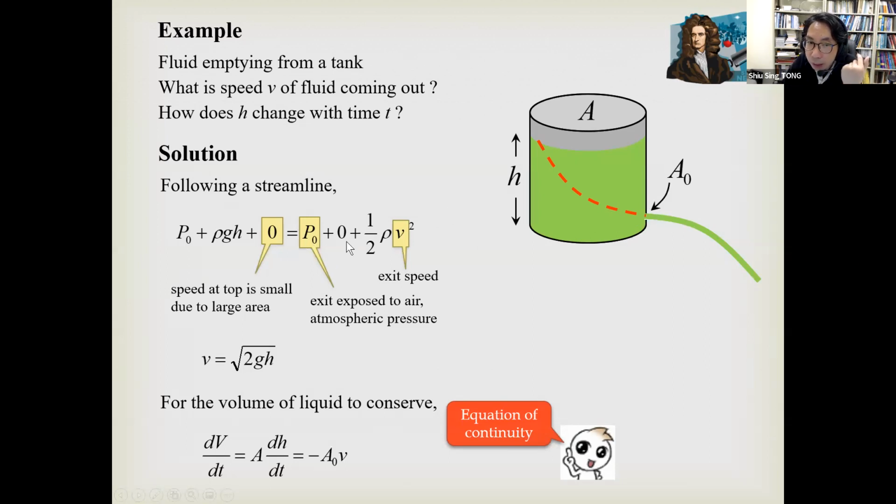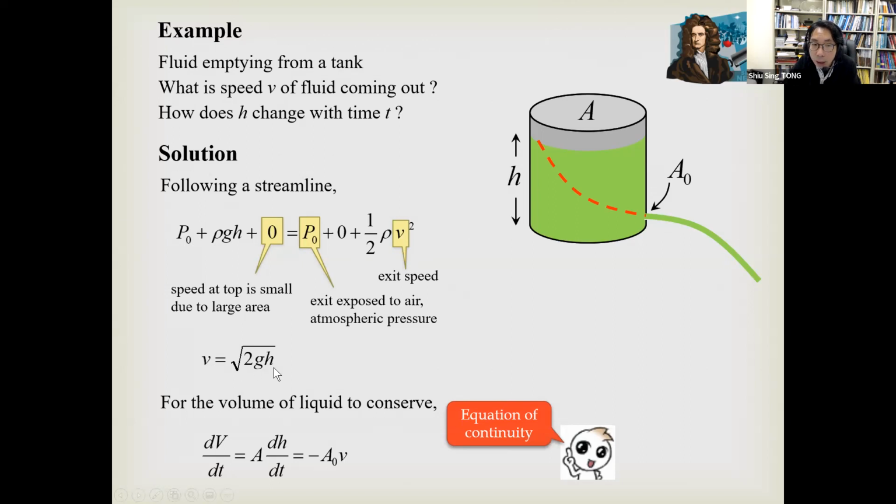And the potential energy is 0 because it's the reference level. We assume that the liquid comes out with a velocity v, so the kinetic energy term is half rho v squared. Now you can see that the term P naught will cancel on both sides, and the velocity will then be equal to the square root of 2gh.